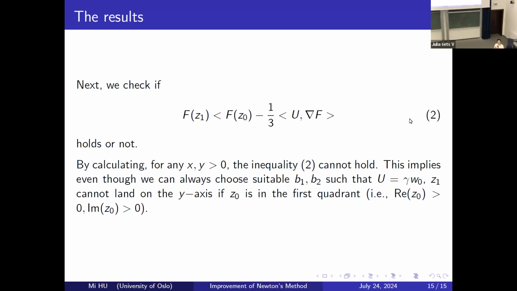The problem is, if it converges globally, then this delta J will have some influence on how you choose.